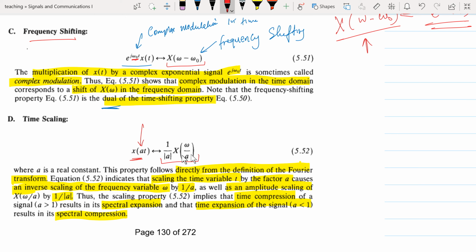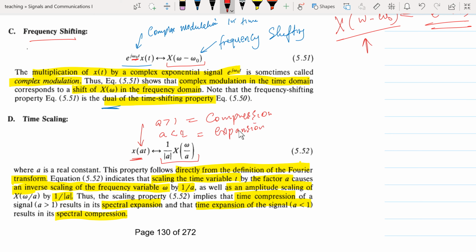Equation 5.52 indicates that scaling the time variable t by the factor a is equivalent to compression if a is bigger than 1. If a is less than 1, this is equivalent to expansion in time.